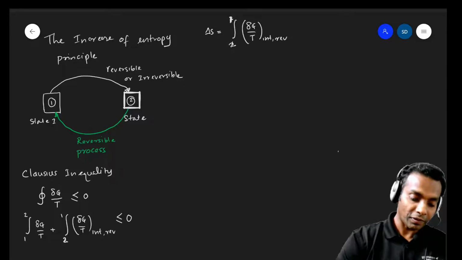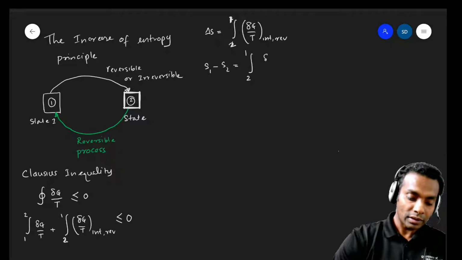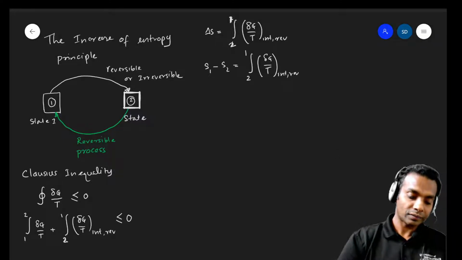Now our process 2 to 1 is an internally reversible process, so we can write S1, because that's the final state, S1 minus S2 equals the integral 2 to 1 of dQ over T, internally reversible process.